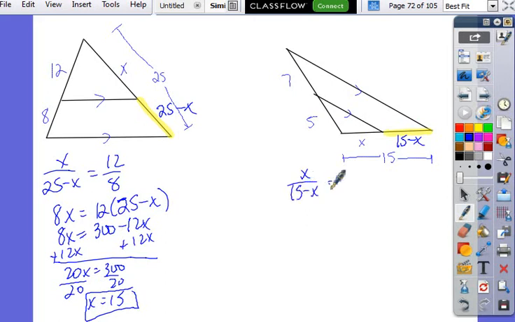I said 7 over 5. All right, if we do 7 over 5, then I would have to do 15 minus x over x. Both ways should give me the same answer. Cross multiplying, 7 times x equals 5 times 15 minus x. 7x equals 75 minus 5x. Plus the 5x. 12x equals 75 and x equals 6.3.